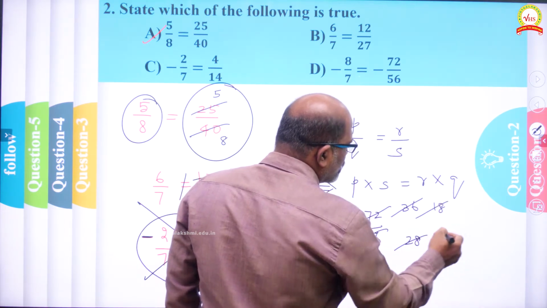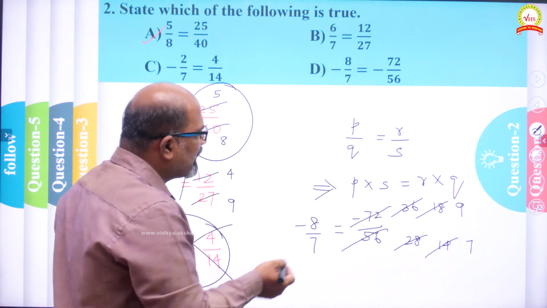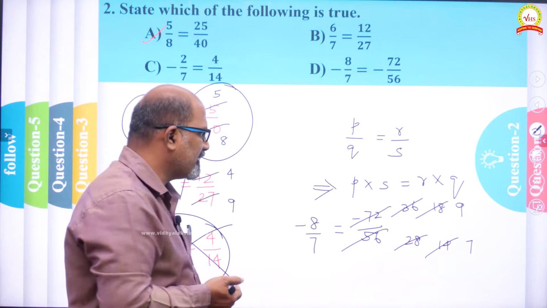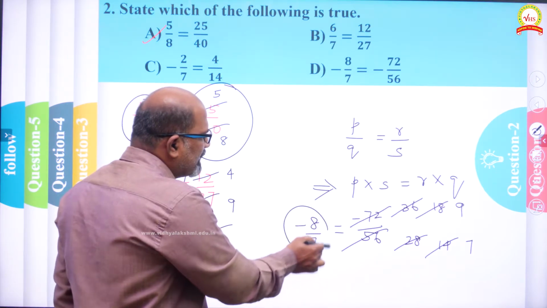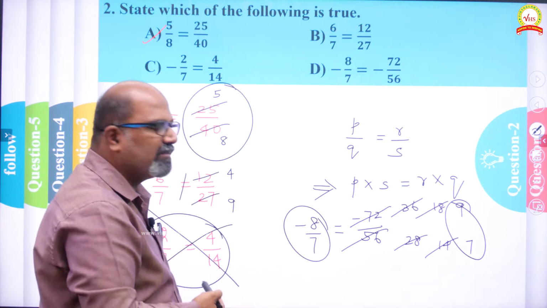Again you can go with 2, so 9 and here it is 7. So, we finally get the simplified 9 by 7, and here we have minus 8 by 7. This 9 by 7 and minus 8 by 7 are not equal.